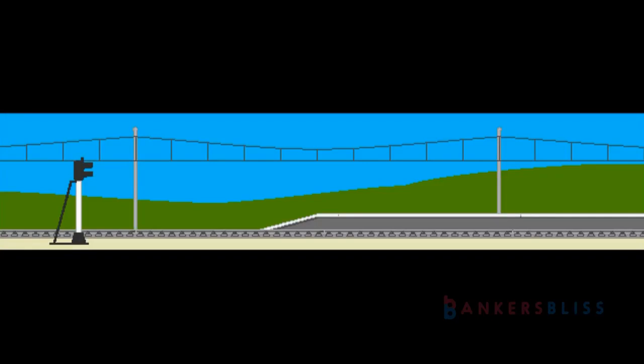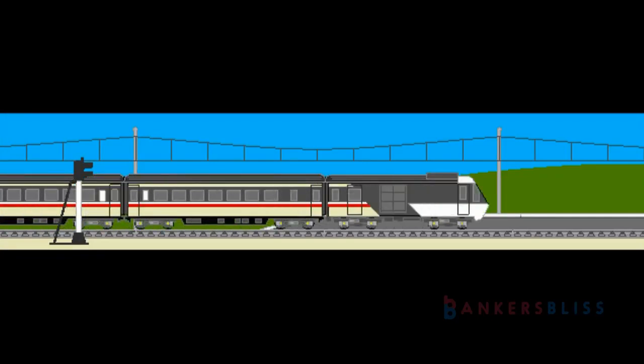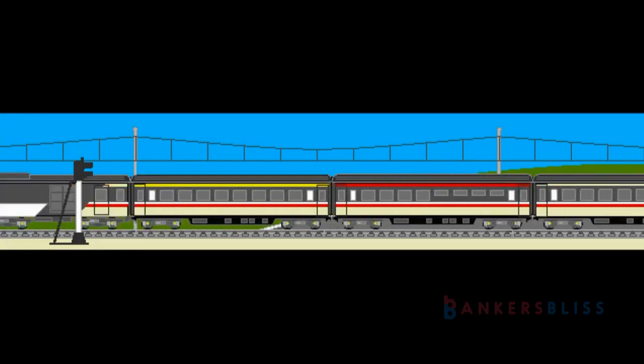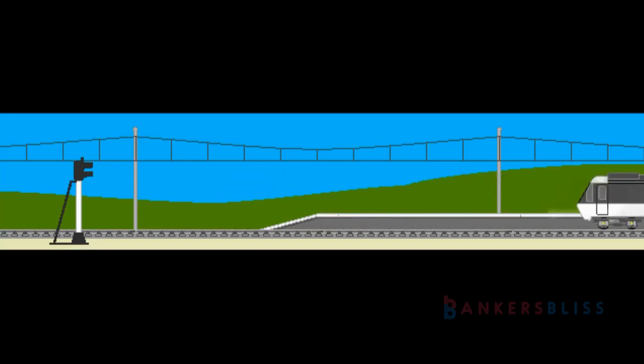The first bogie of the train enters, then the second bogie, the third, the fourth. When the first bogie has entered the platform, the last bogie has not entered. When the first bogie leaves the platform, the last bogie has not left. Even though bogies are passing the platform, the entire train is not passing the platform.